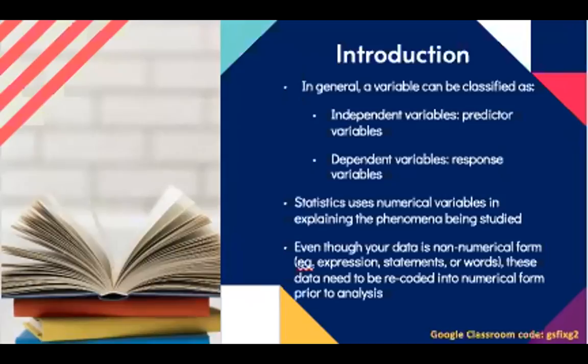Once you have identified your main variables, you can use statistics to explain the phenomena or observation that you have gathered in numerical form. Even though your data is non-numerical, for example expressions of statements, or something like gender, you may categorize them into a specific group and recode this data into numerical form prior to analysis.